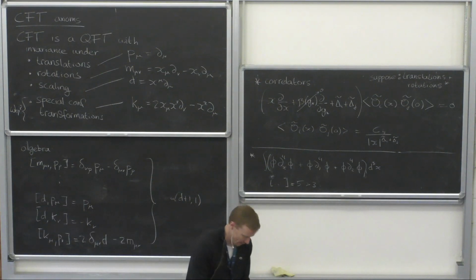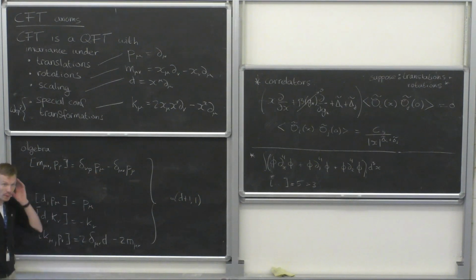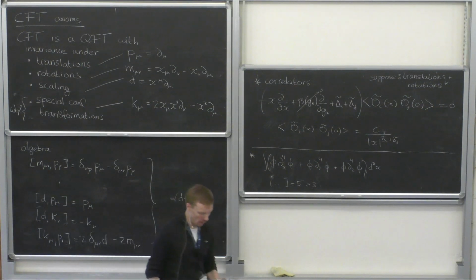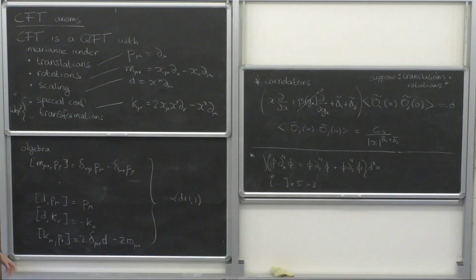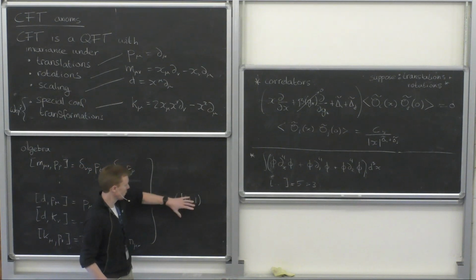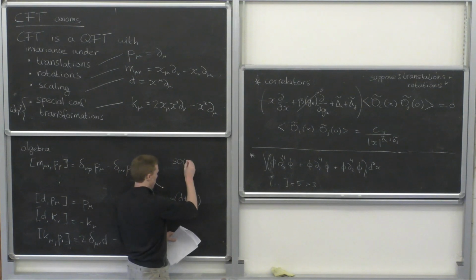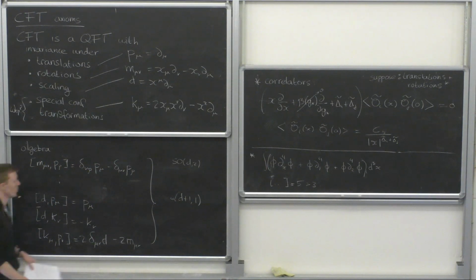I think in the literature it's sometimes a bit confusing. You have to be careful about what the group is. So often, especially if you go to Lorentzian signature, you don't get SO(D+1,1); you get SO(D,2) as the algebra.